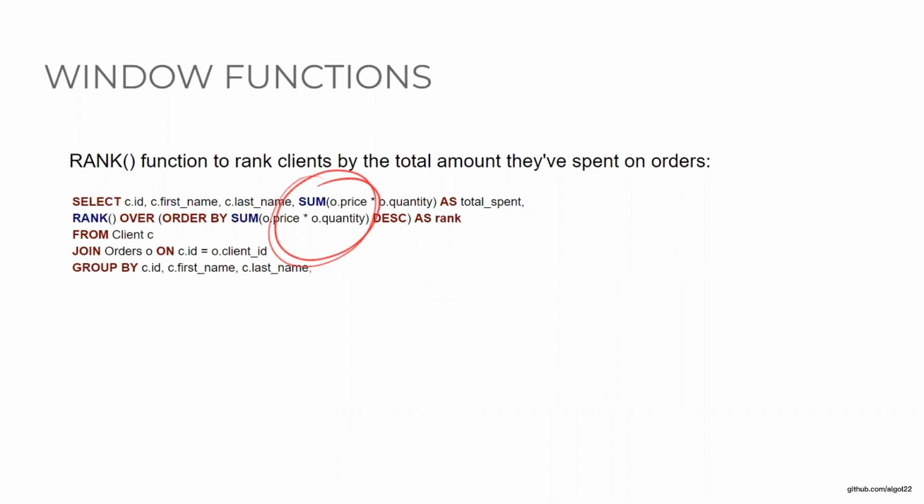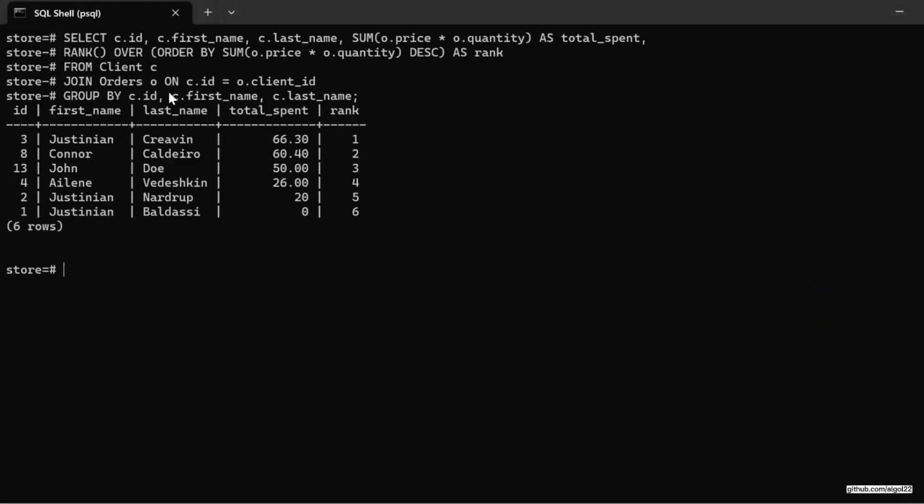For the total spend, we multiply the price of an order by its quantity and order the result in descending order. And here we receive the rank of clients by orders.